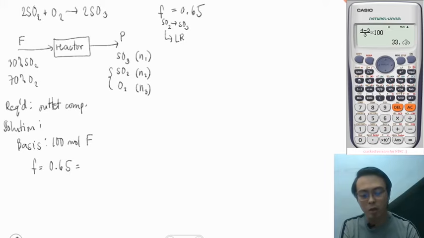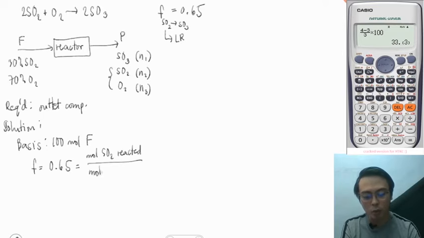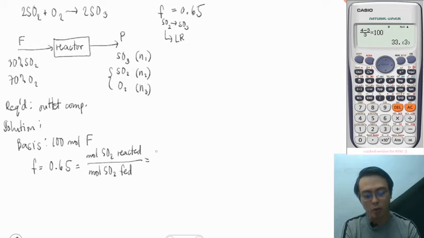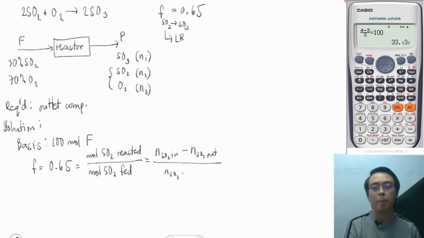So this is the moles of SO2 reacted divided by the moles of SO2 fed. And then the moles of SO2 reacted is simply the number of moles of SO2 going in minus the number of moles of SO2 going out, over the number of moles of SO2 going in.